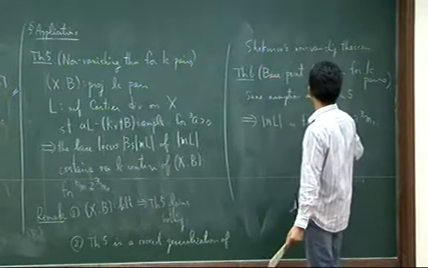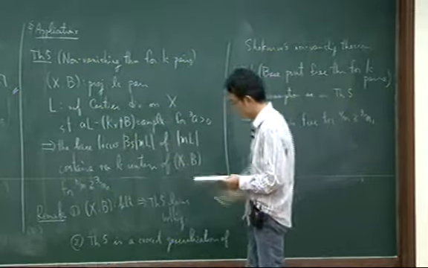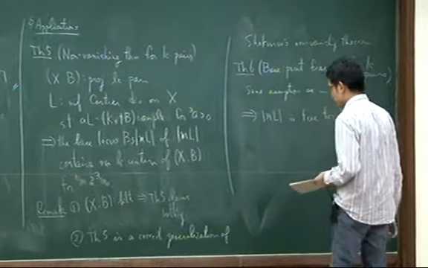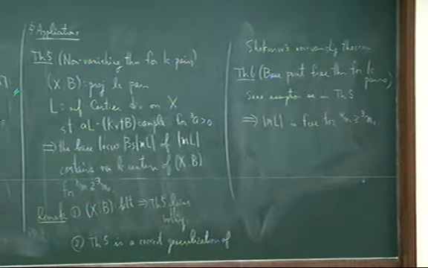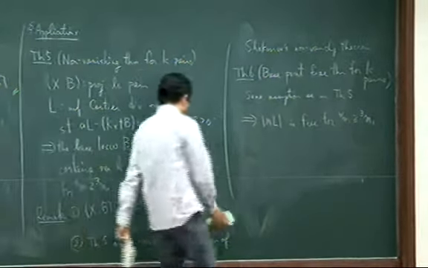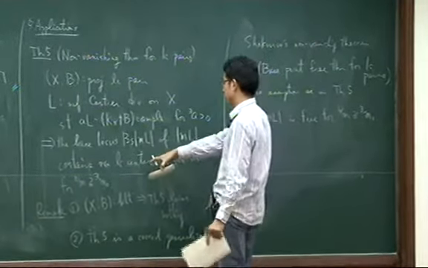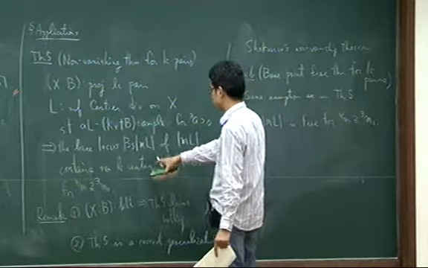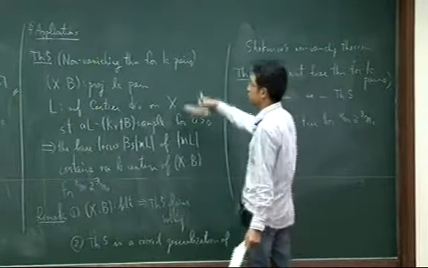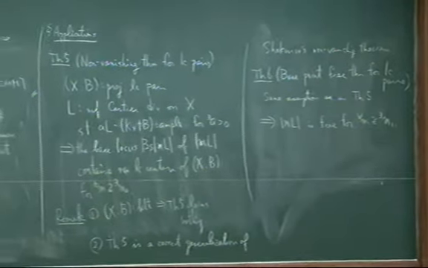I think this formulation is very useful. In almost all applications, if the base locus of some complete linear system contains an LC center, then some trouble happens. So this formulation is very useful.